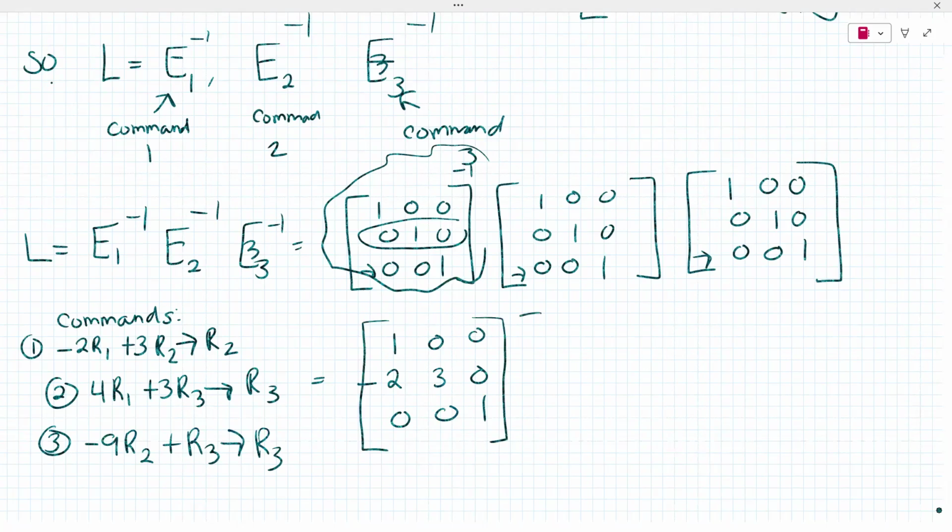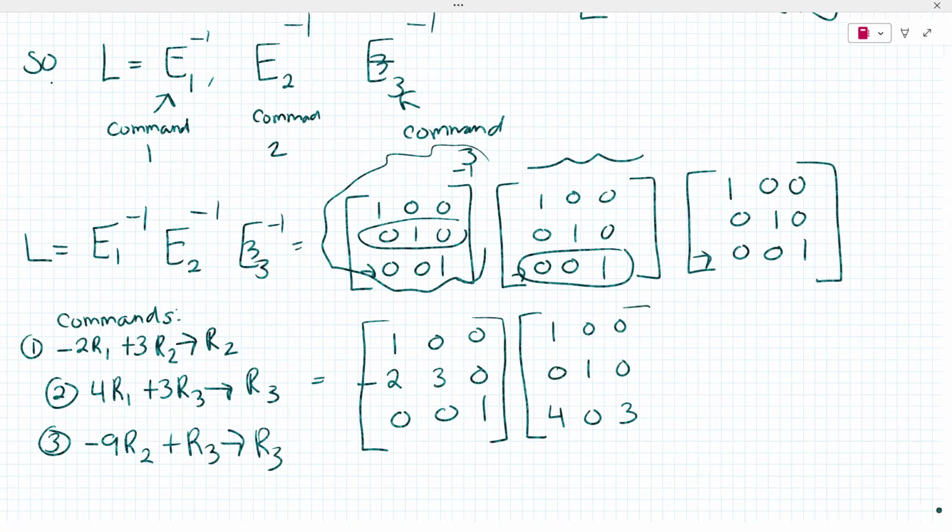Okay, and then let's look at this other matrix. That's command 2. It says 4 times row 1 plus 3 times row 3 gives us the new row 3. So you're only messing with row 3. When you do the work, your new row 3 should be 4, 0, 3, and the 0, 1, 0 stays the same, and the 1, 0, 0 stays the same.